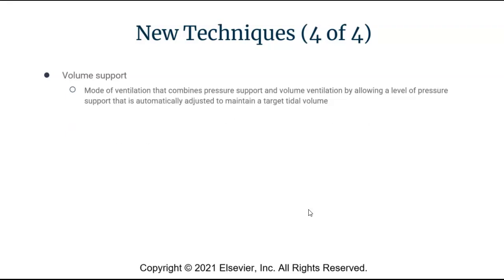Volume support. Your book says it's a newer mode of ventilation, but I've been using this for 20 years in respiratory therapy, so I don't know how new I'd call it. It combines pressure support with volume ventilation. So it automatically adjusts that pressure support to maintain a guaranteed or targeted tidal volume. It's going to adjust that pressure support in a stepwise fashion.